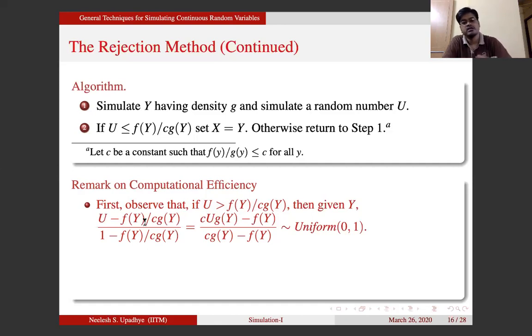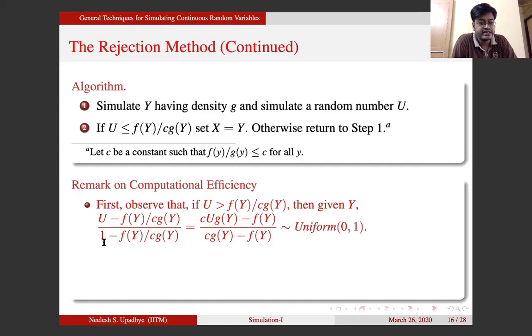Correct? If I want to scale it back to uniform (0, 1), I will just divide by the length of the interval, that is 1 minus the same constant. If you do that, you are again generating a uniform (0, 1) random variable without actually generating a uniform random variable.